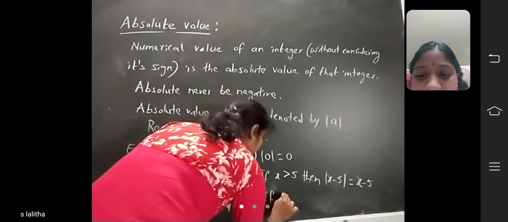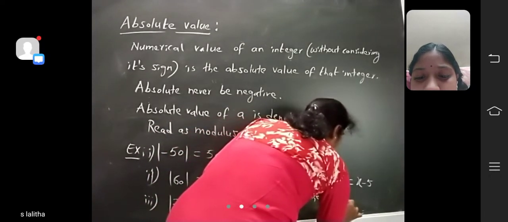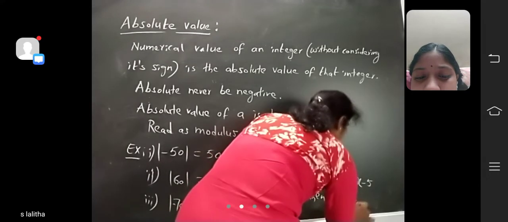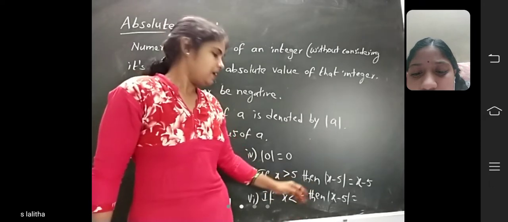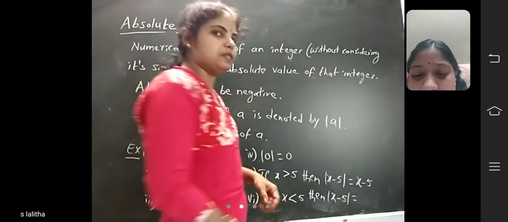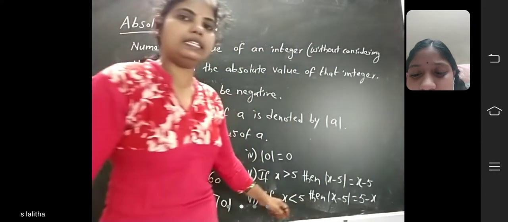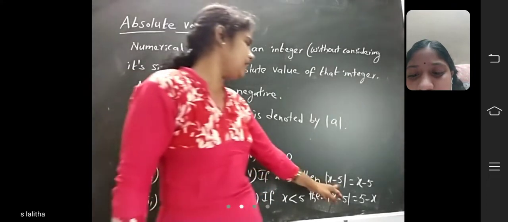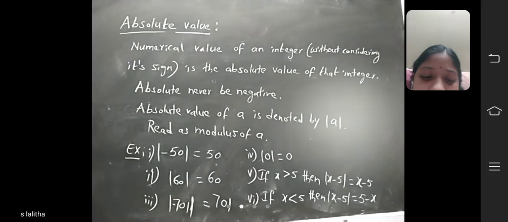If x is less than 5, then what is the modulus of x minus 5? Here x is less than 5. That means the x value is less than the 5 value. So how to write the absolute value? 5 minus x. Why? Because x is less than 5. That's why we are taking 5 minus x. Okay, children? Did you understand? Come on, write.